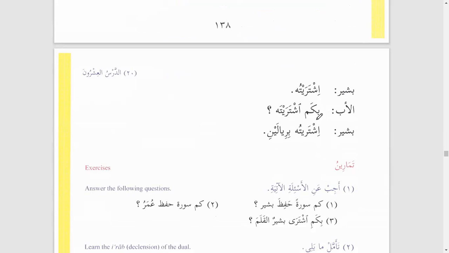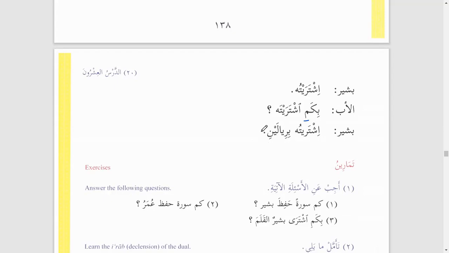We have learned that the meem, when we connect it with dhamma, for example, هم المفلحون, if you remember the example. But this is one exception. Whenever it is with ت, it will be connected with kasra. So it will be اشتريته. So please note it down.